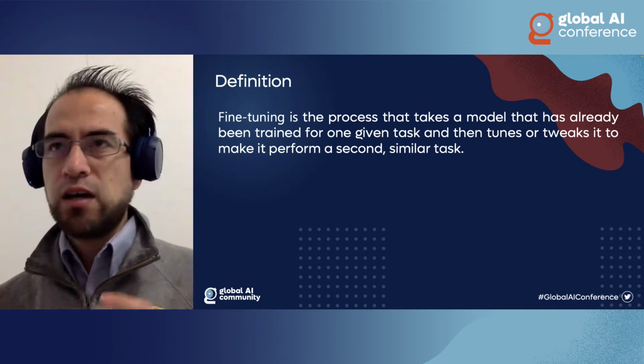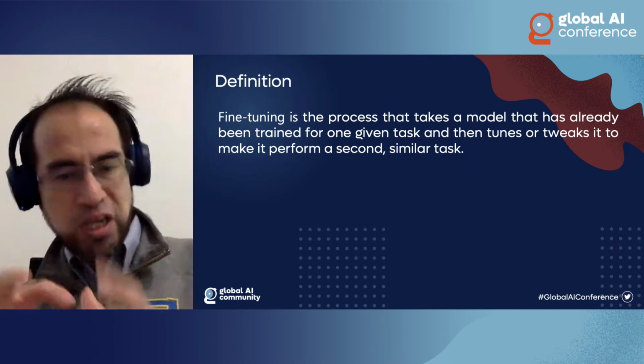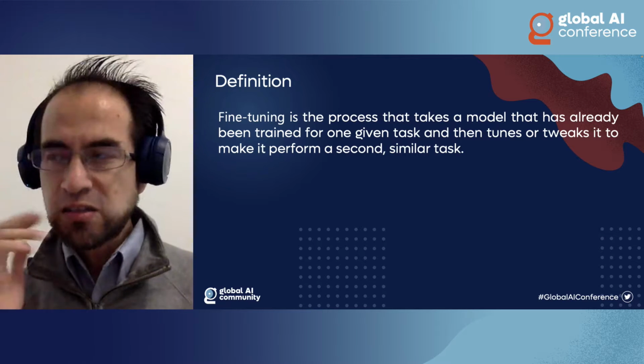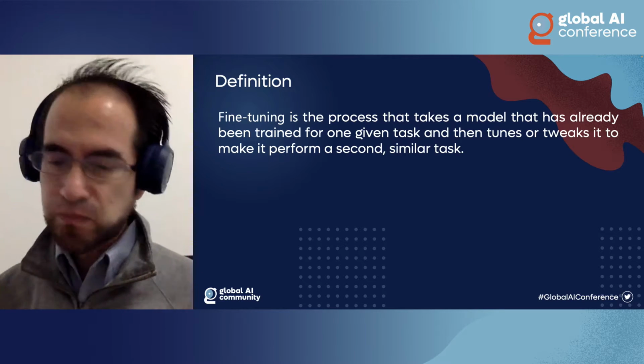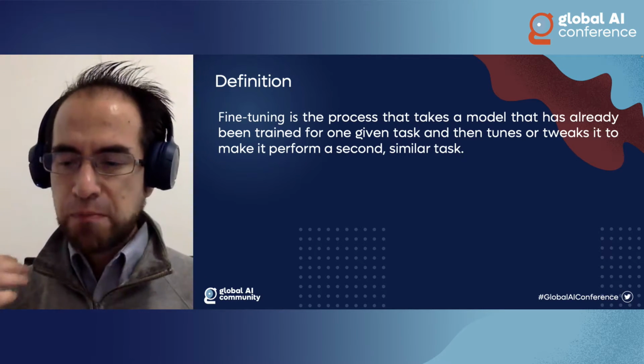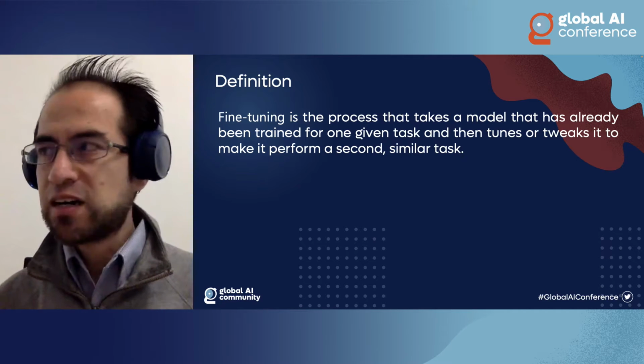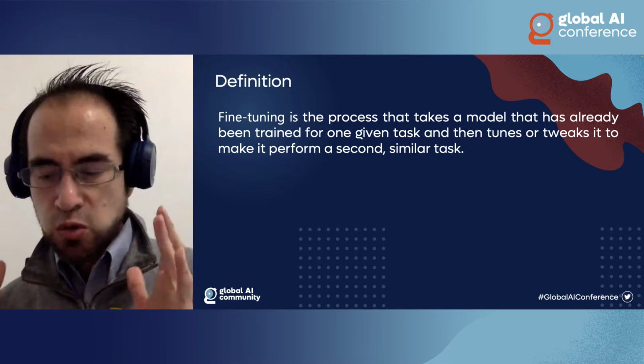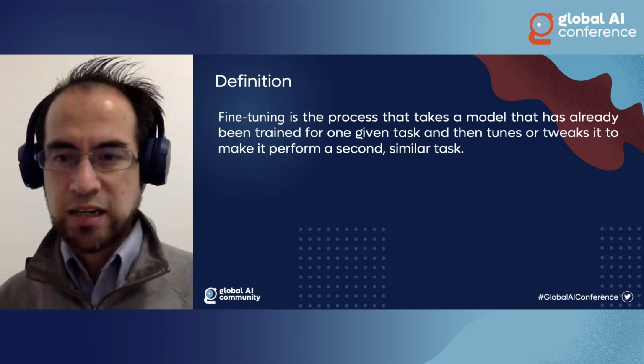Then you customize it, you tune it, you tweak it. Let's say you replace maybe the last layer of your neural network, and it will perform a second similar task, maybe some generalization, or maybe you want to set it up for your own classes.